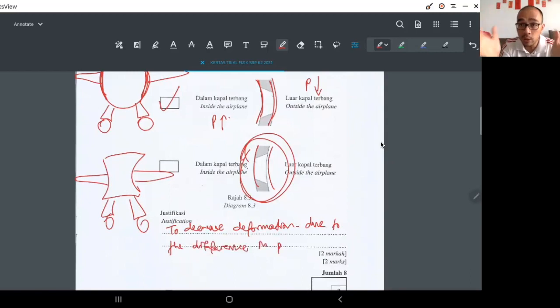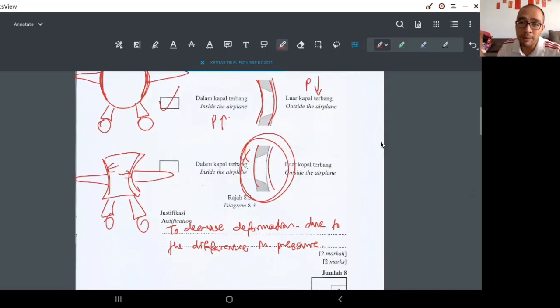Okay, it has already bulged out like this. So you're giving the air inside the plane more space to push out. If you shrink its space, when the air pushes outward, it's going to push the plane outside, and everybody's going to panic. It's like, oh, what's happening to the plane? Okay, so we want this kind of shape.